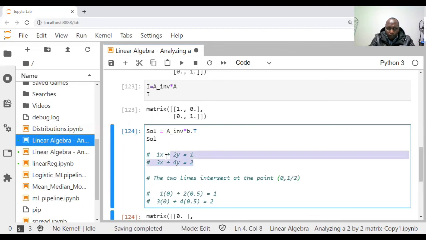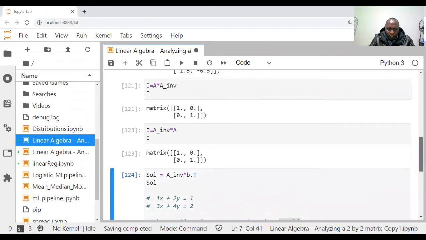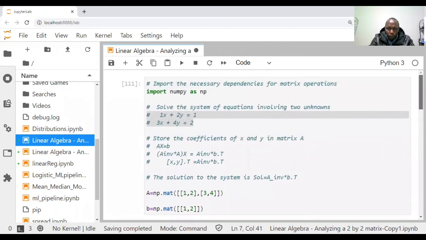So if you graph these two lines, you should be able to get the point of intersection to be X to be 0 and Y to be a half. And this concludes the process of solving a system of equations, two equations with two unknowns using Python programming language and Anaconda.